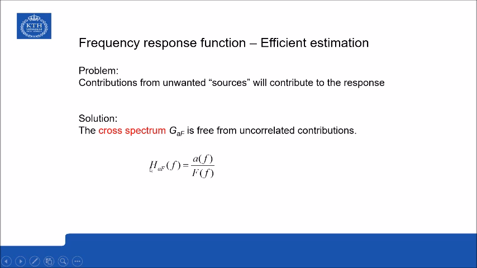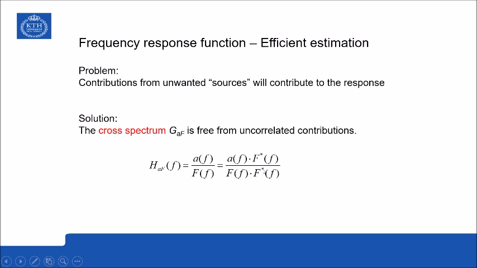So if we start now with defining a relation for the frequency response function between the response and excitation, it's, as we said before, the ratio of the response over the excitation. So what we can do then in order to introduce the cross spectrum is to multiply both the denominator and the numerator with the excitation spectrum complex conjugated.